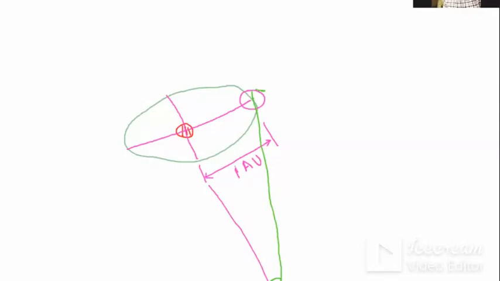Can you see it on the screen? What they are telling is that the distance is equal to 1 astronomical unit and it subtends an angle of 1 second. Now 1 second is something very different for us.